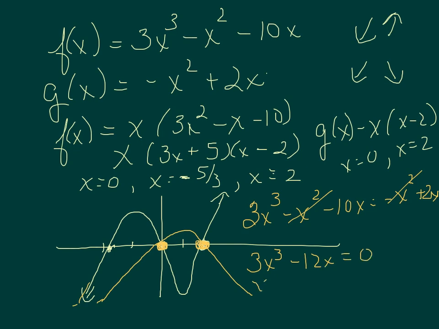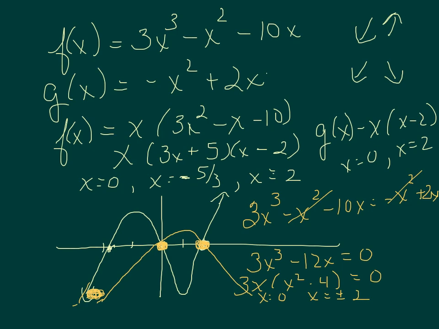So factor out a 3x, and we get x squared minus 4. We get x is 0, and x equals plus or minus 2. Now remember, I haven't drawn this to scale. So right here when x is 2 is where they also intersect.